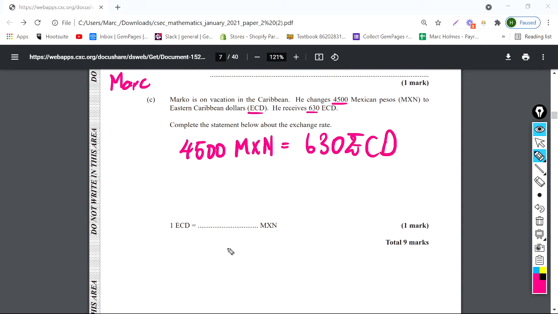It asks us about the exchange rate, guys. It's asking us how much 1 ECD is equal to in Mexican pesos. All we have to do here is divide this 4,500 by 630. Basically divide both sides by 630. Let's put it in our calculators.